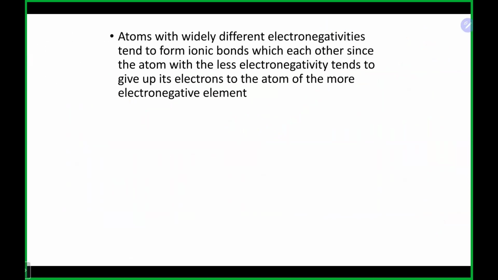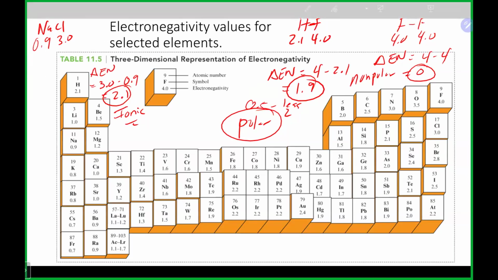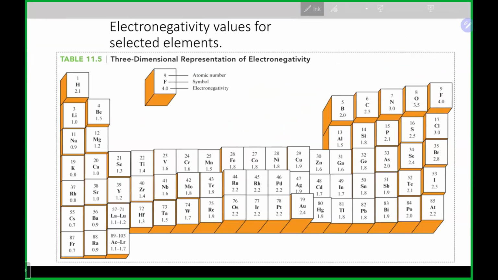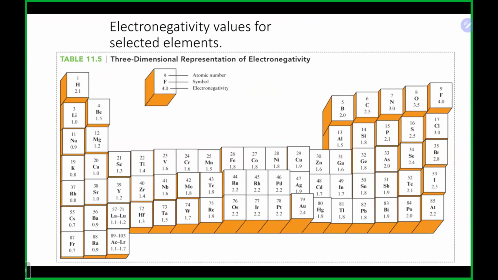Let me see here. So why don't you try some here? Why don't you do these here? Use the table. Obviously, the values would be provided for electronegativity if you need it. So why don't you calculate the difference in electronegativity for the following and determine is it ionic, polar, or nonpolar? All right, so let's say we have a bond between carbon and hydrogen, a bond between carbon and nitrogen, a bond between sulfur and oxygen.